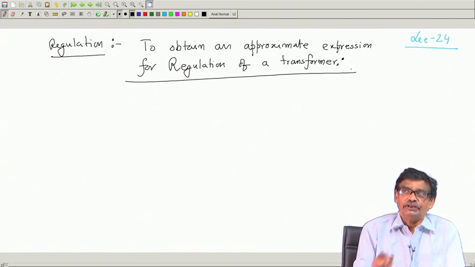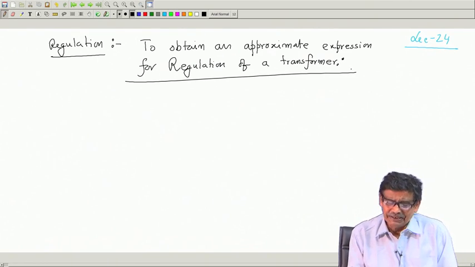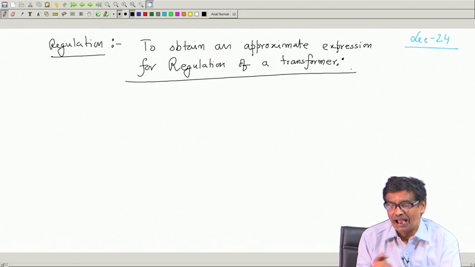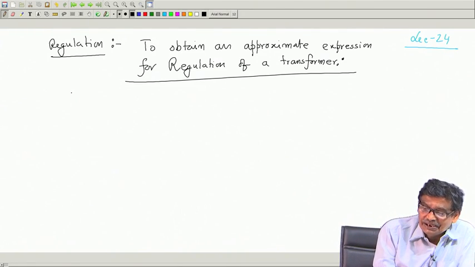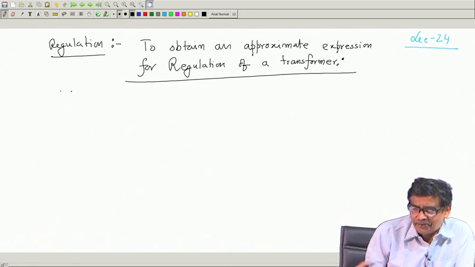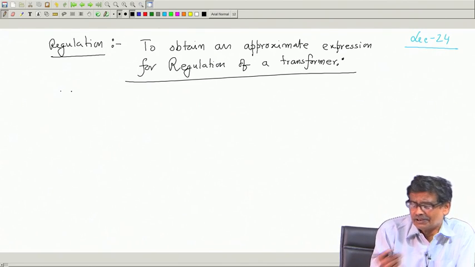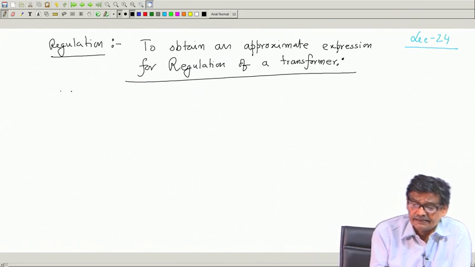Okay, I will do this. Before that, it is time to slightly review the equivalent circuit, how we are drawing it with respect to the primary side and secondary side.